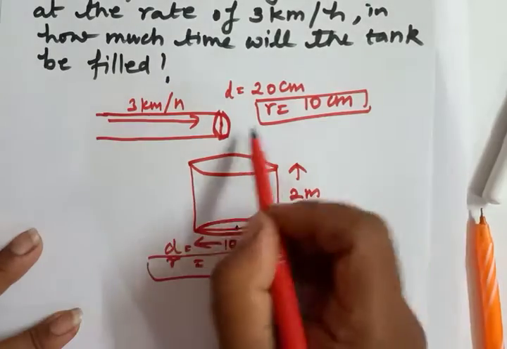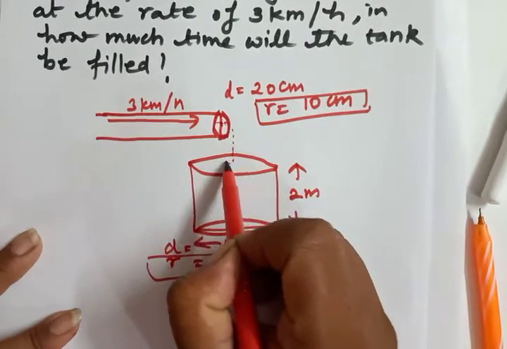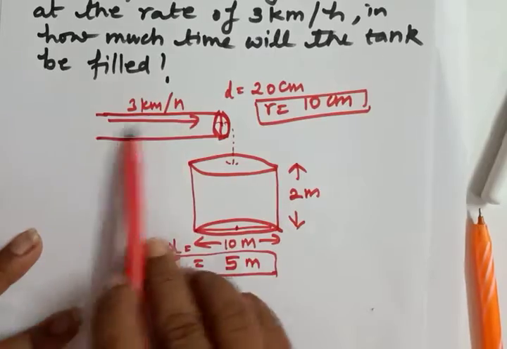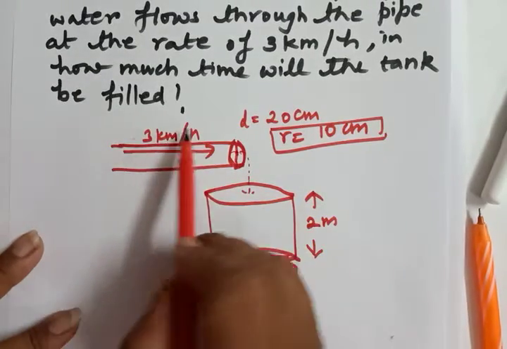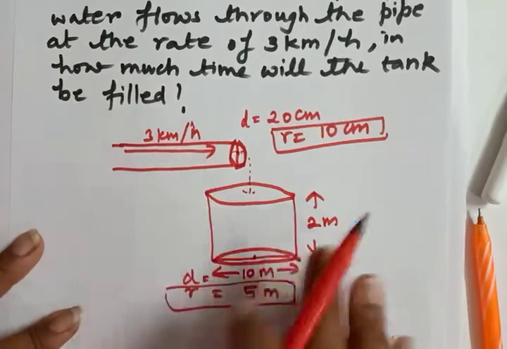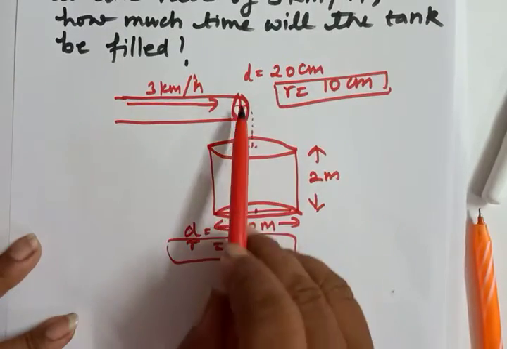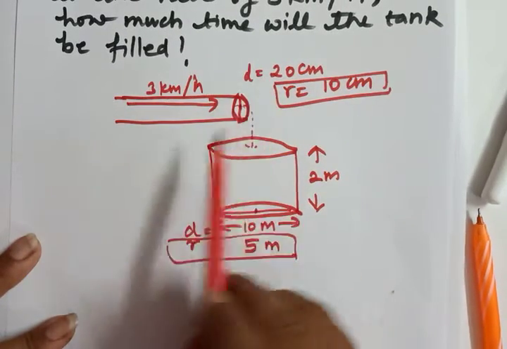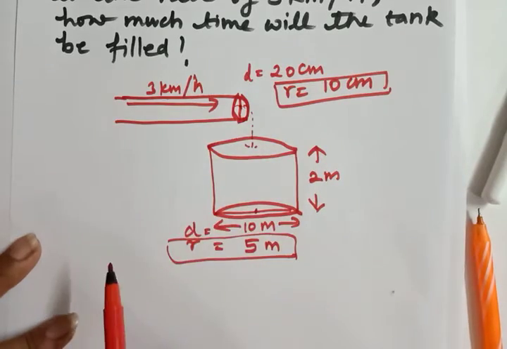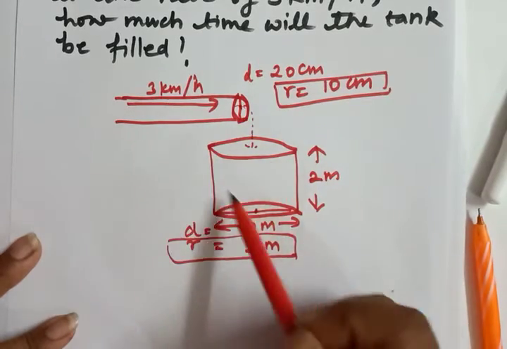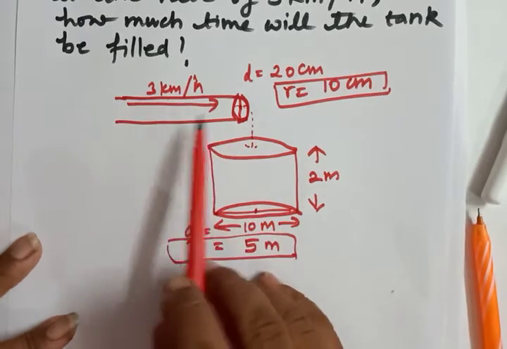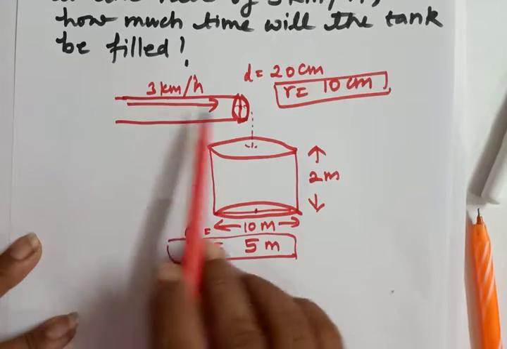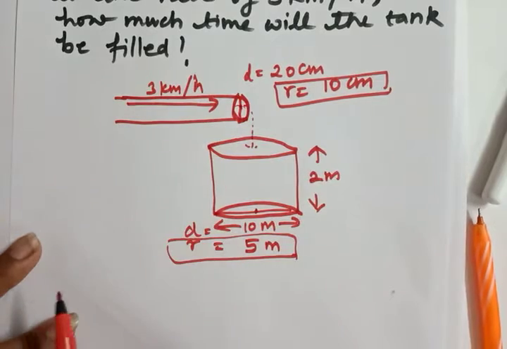Now water is coming through this pipe, which is used to fill this tank. In 1 hour the speed is 3 km, and the diameter of the pipe is 20 centimeter, so the radius is 10 centimeter. In what time will this tank be filled by the water coming through this pipe?